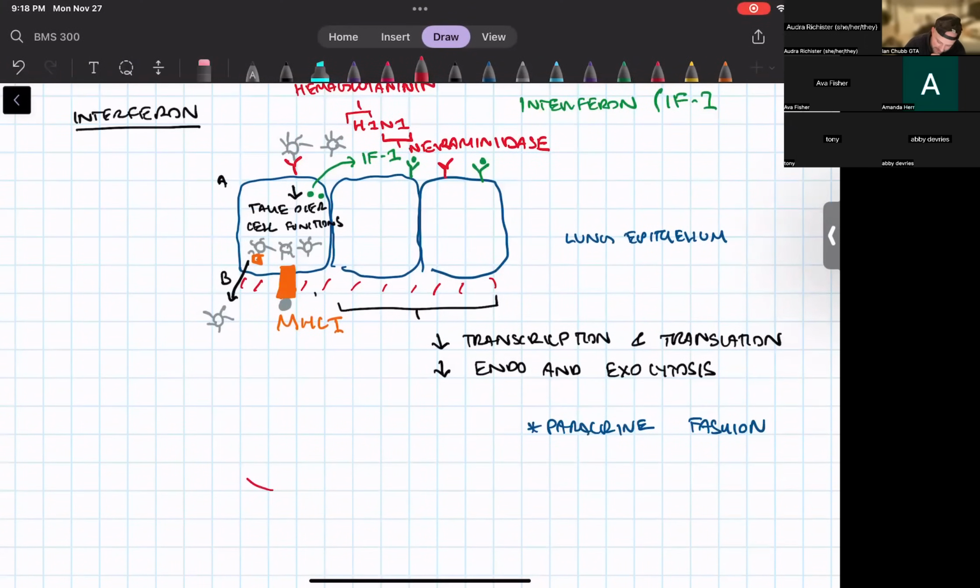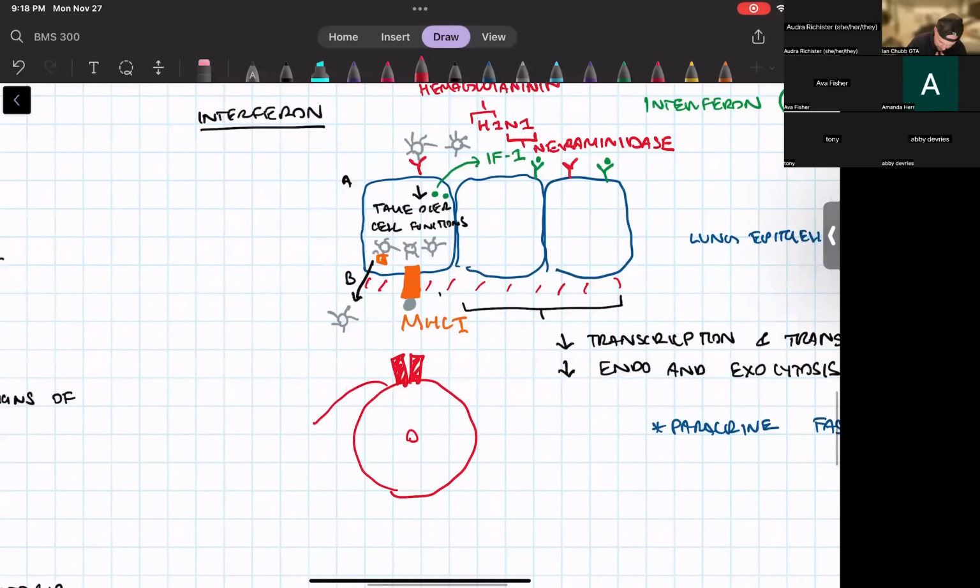A T killer cell can come in and it will have very similar proteins. You'll have a T cell receptor. This will interact with our MHC1. We will have a CD8 protein that helps us with our anchoring.